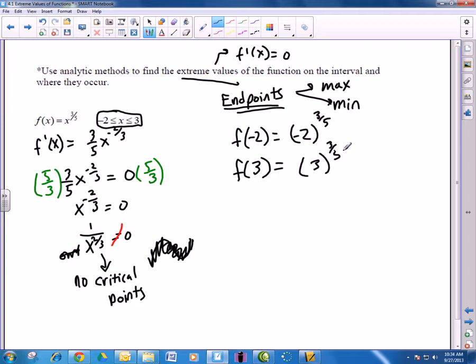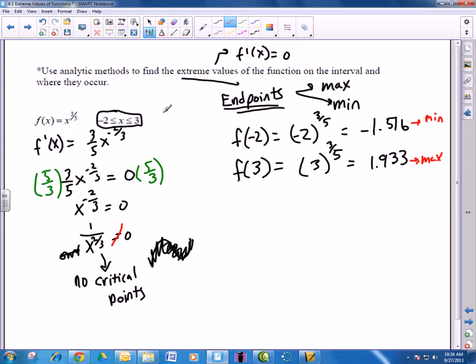You don't even need to get values. You can probably see here that no matter what, this is going to be a negative answer, but this is -1.516, and down here this is 1.933. All right, so then our final answer is this is going to be your minimum, and this is going to be your maximum.